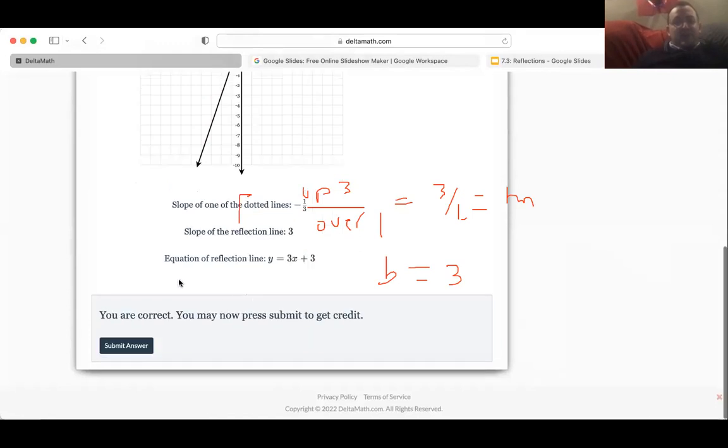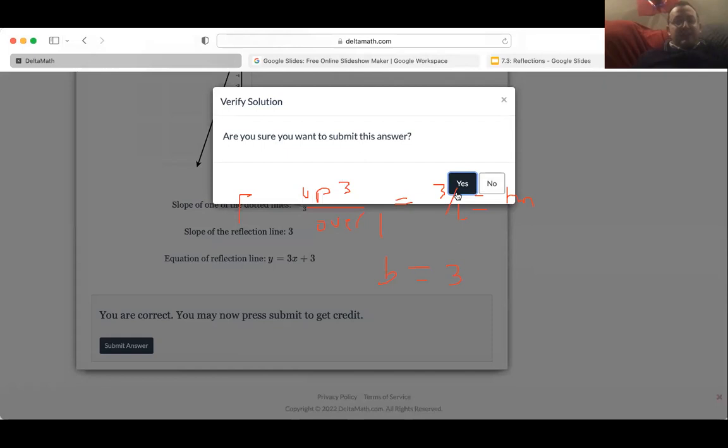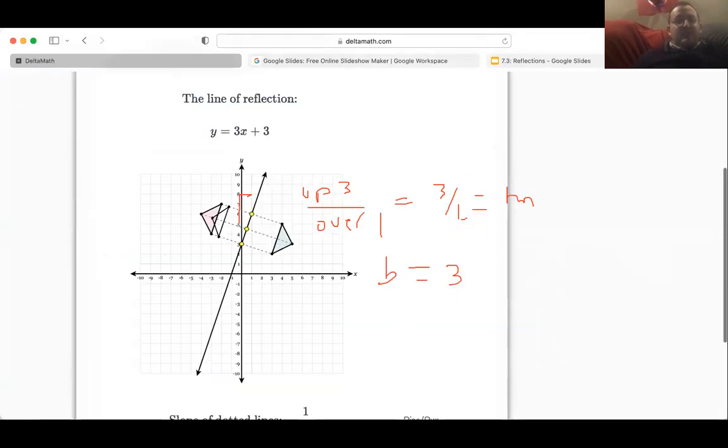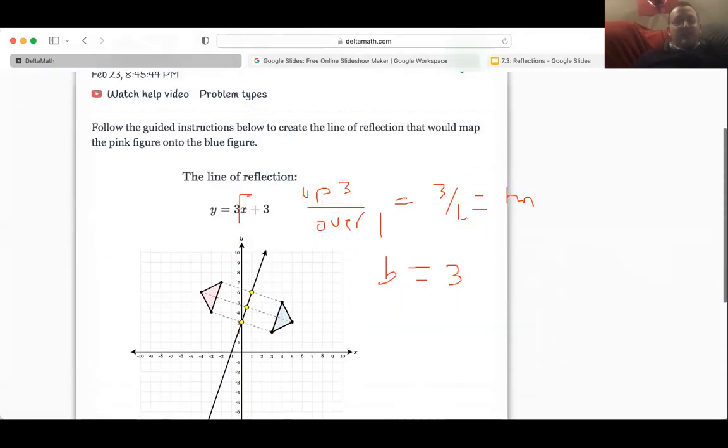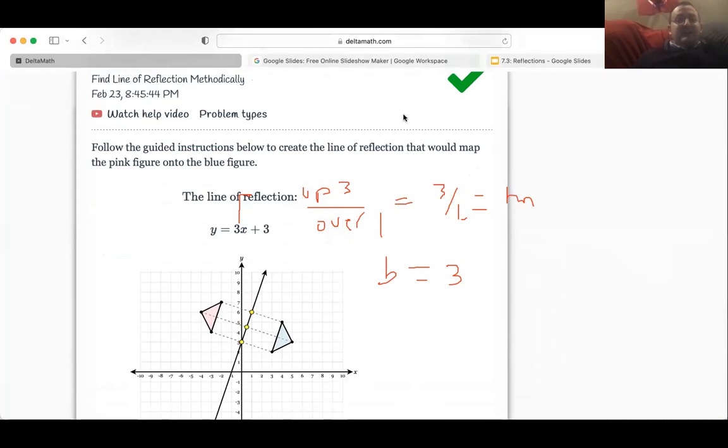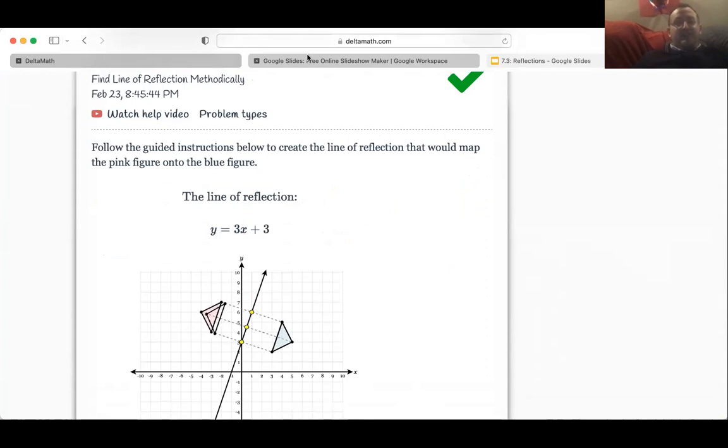And we're going to try those. And we are correct. You actually discovered the line of reflection when you did that, and some interesting properties with its slope. So those are a few of the gizmos on Delta Math to make you really visualize those reflections.